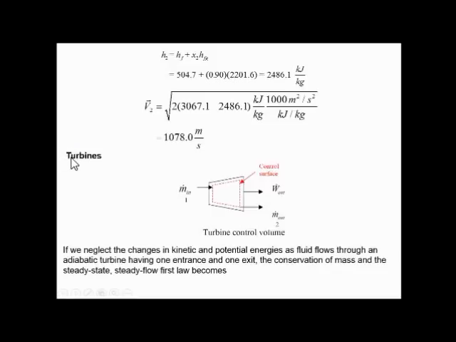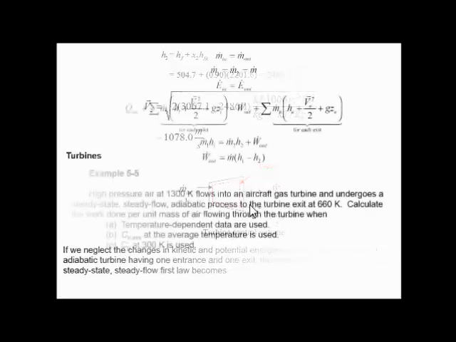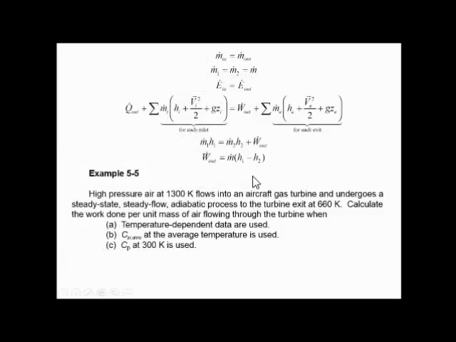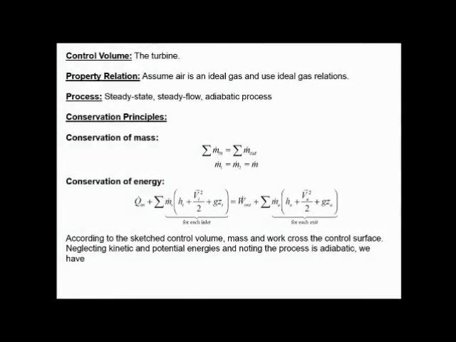Similar to the turbine case, mass is going inside, mass is coming outside, there is a control volume surface in the middle, and the formulas are still the same. Now there is one more question, you can go through this question. The control volume is the turbine, the process is steady state, assume the ideal gas relations.